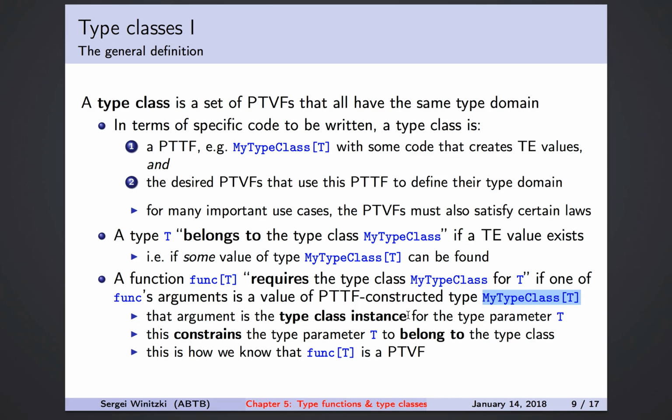Now that terminology is completely equivalent to type evidence. So I prefer evidence, but instance is also standard terminology. I will explain how to create these things in many examples now.